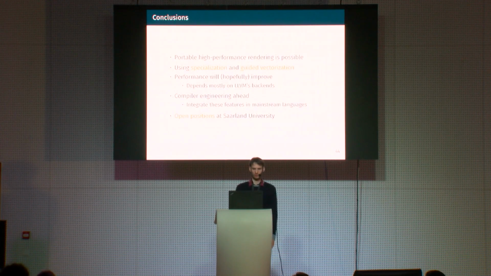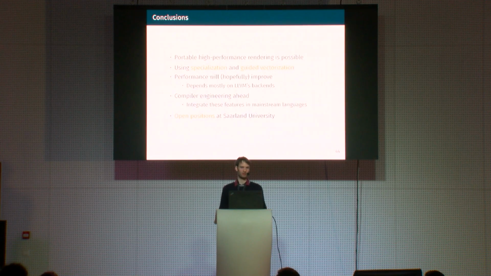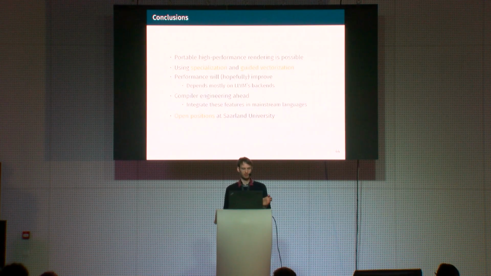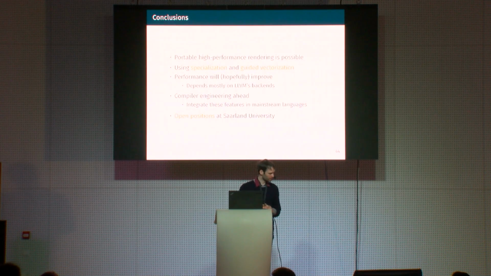As a conclusion to this talk, I hope that this was the proof that you could write high-performance kernels using high-level code, which is close to what you would have written in C++, just in a different language and slightly different technology, but it's pretty similar. And the tools here are specialization and guided vectorization, which are important and allow you to make the code generic enough.